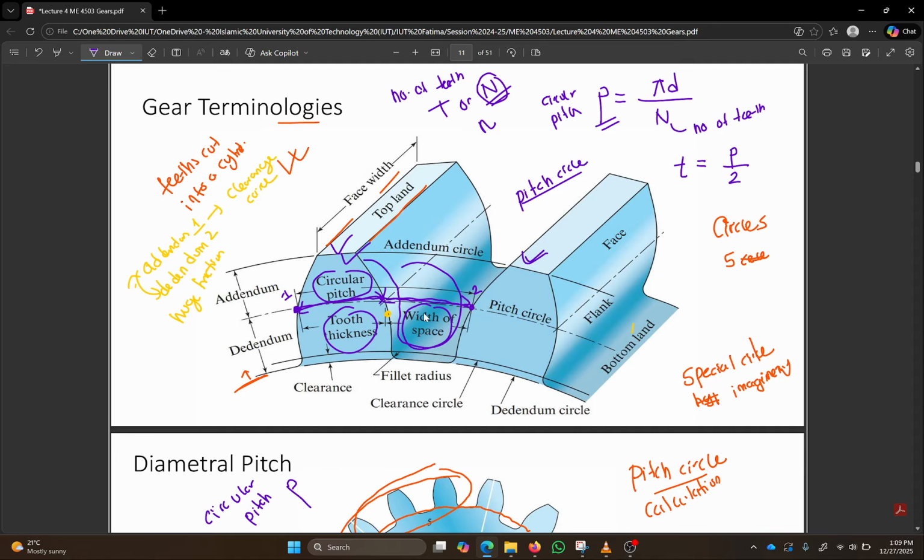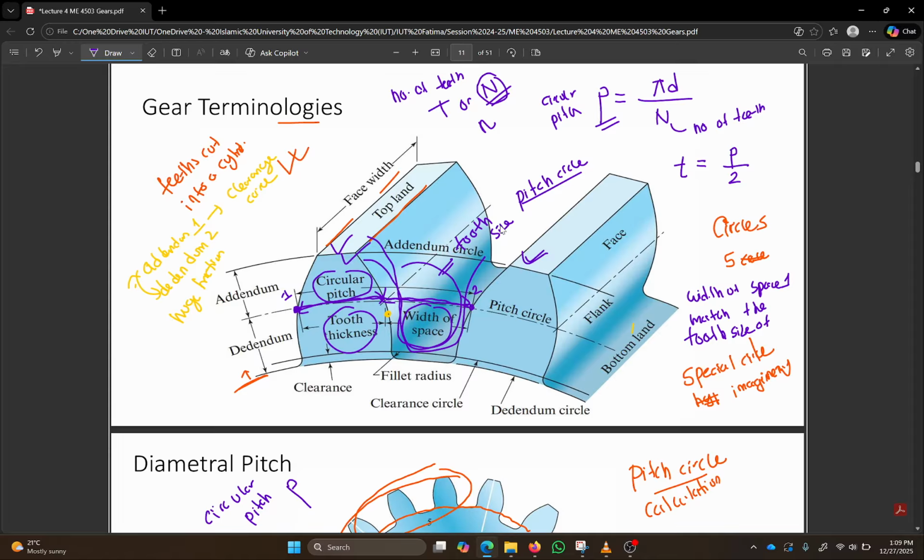Whenever two gears mesh, the width of space of one gear must match the tooth size of the meshing gear, because the other gear's tooth must fit here.